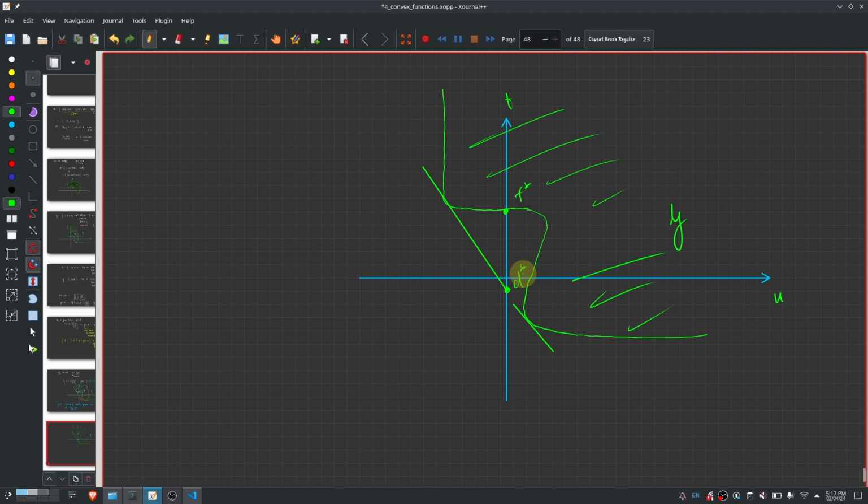Parallel to x. Would that be a supporting hyperplane? What is a supporting hyperplane? The entire set should lie on one side of the hyperplane, right? So it's impossible to have a tangent that passes through f star and contains the entire set.